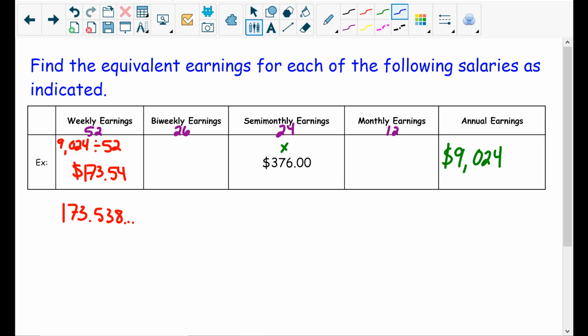So let's do the 9,024 divided by 26 now. That gives 347.08. Sorry, did I say 24? Oh, no, shoot, I rounded the wrong number. So 347, and the 7 will round up to an 8, so 347.08.